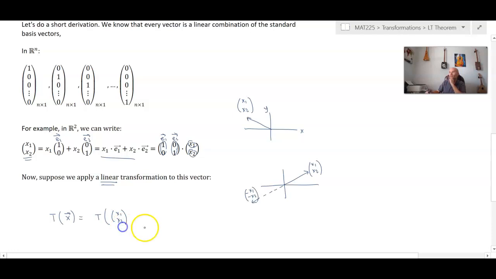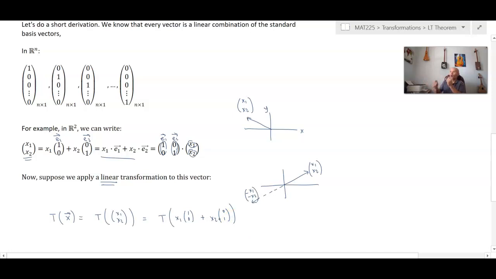x1, x2, which can also be written out as the transformation of x1 times the 1, 0 vector plus x2 times the 0, 1 vector. I'm just expanding that out a little bit.